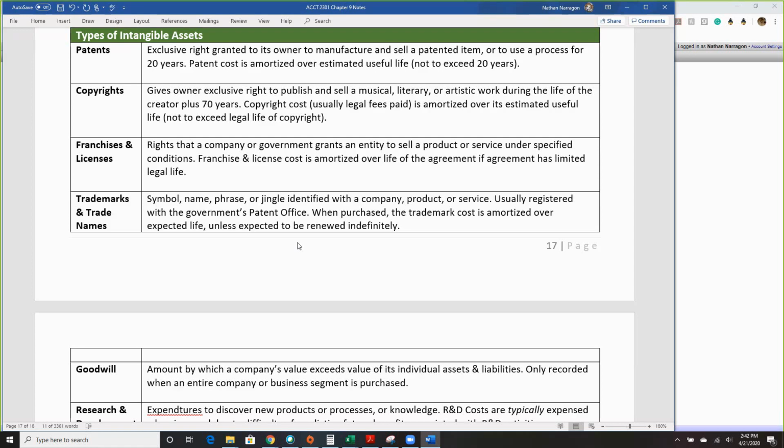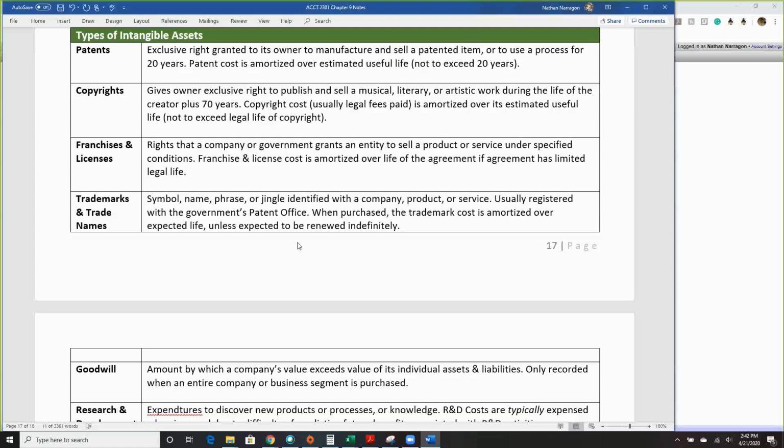Okay? So it could be a very long time for anything to be put in public domain, just because of how copyrights go now. So again, we're going to amortize over its estimated useful life, not to exceed the legal life.